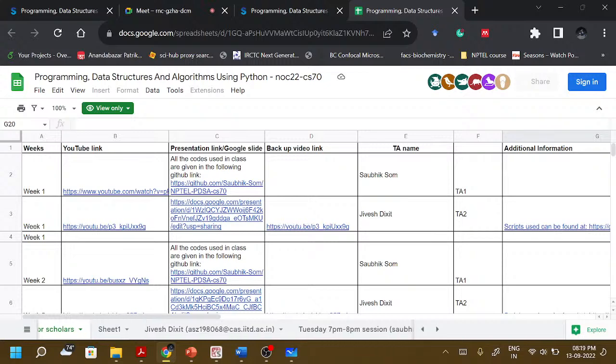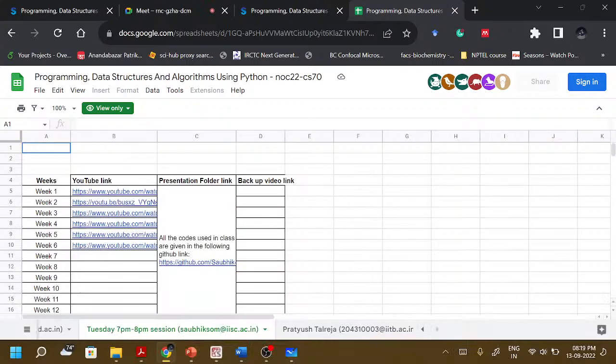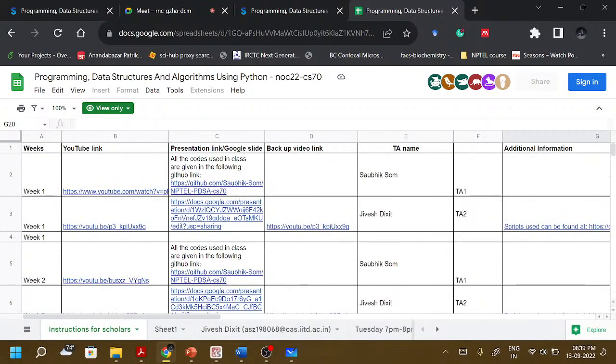Previously, we all used to have our own sheets where we would give links. We all have our own sheet also, but this is where we have the links for everyone. So you can see either this or my own sheet.